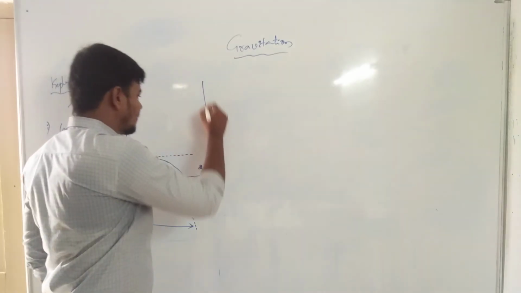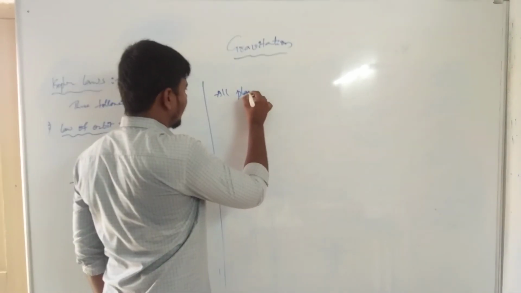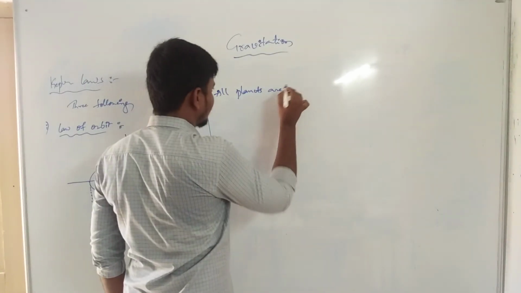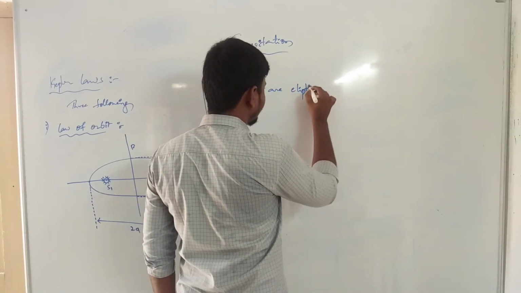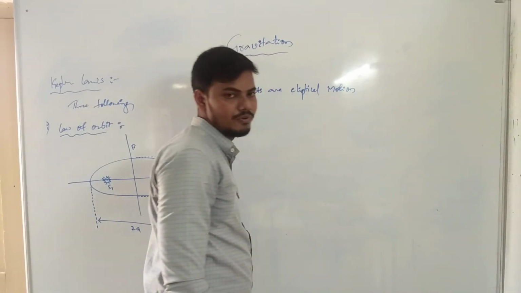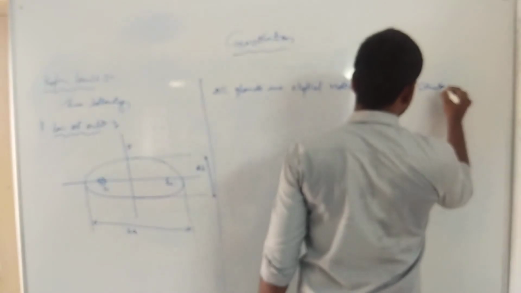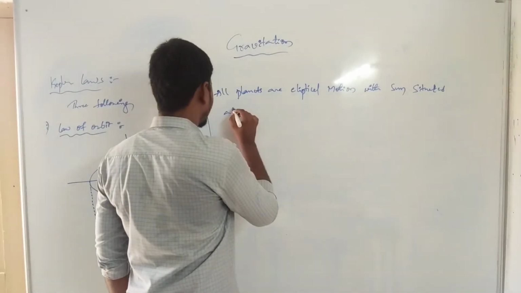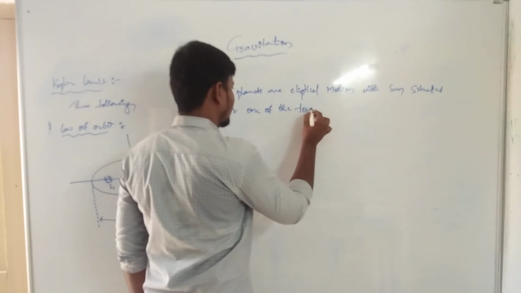Now the statement we are going to state: all planets are in elliptical motion with the sun situated at one of the foci.